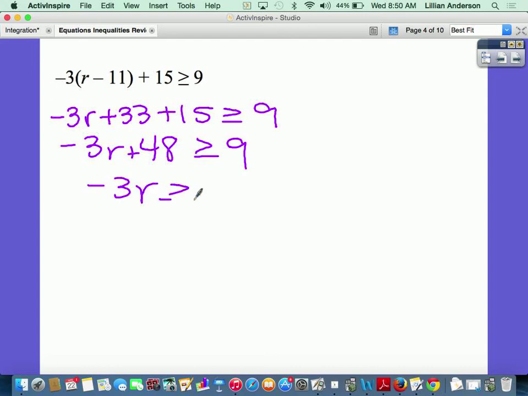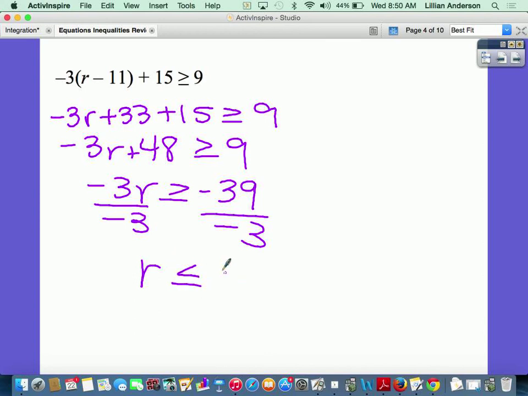Subtract 48. Gives me a negative. And then what? And you gotta remember, when you divide or multiply by a negative number, switch the sign. So then this will be a positive 13. Do not forget, when you divide or multiply by a negative, you switch the signs. Okay, you remember that?